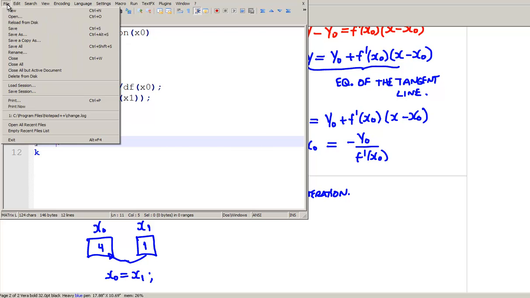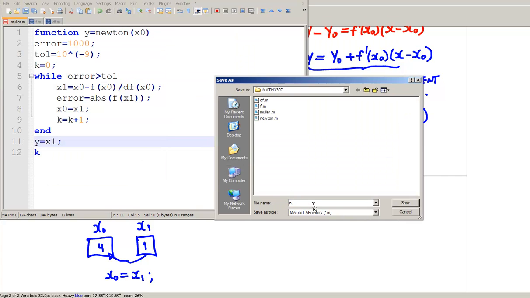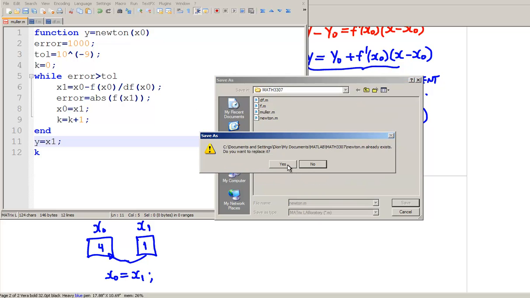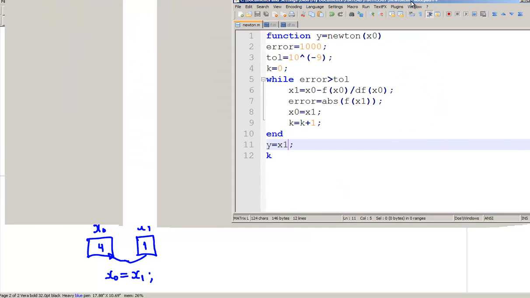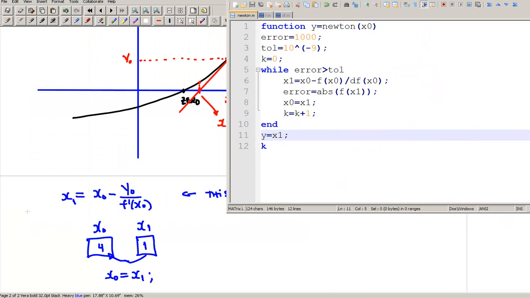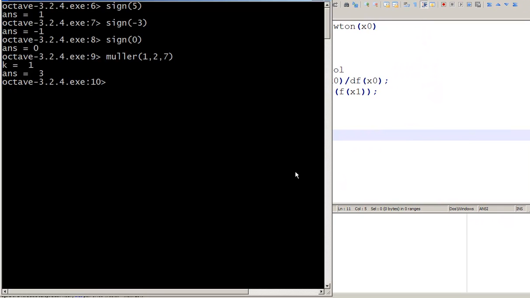So that's Newton's. Let me save it as Newton.m. There it is. Okay, let's test. Here's Octave. We call Newton, and then an initial guess.